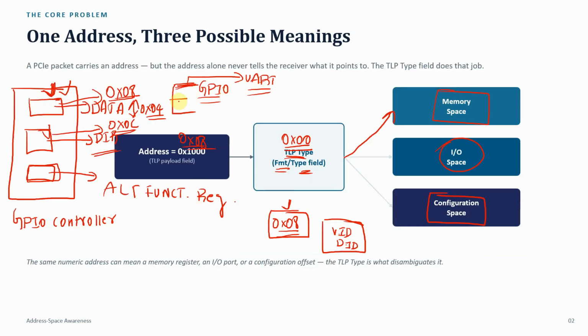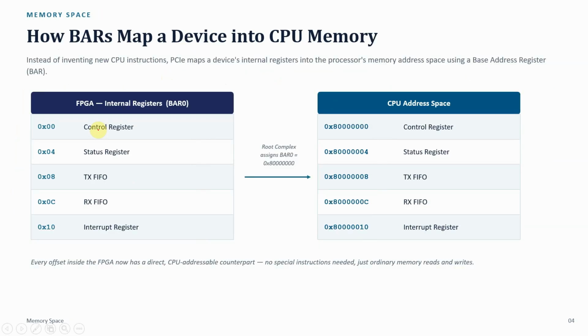If I want to access this particular port, we are going to configure the register. But in the case of IO space, the processor or the OS directly accesses this port instead of using memory spaces. That is nothing but your IO space, and PCIe is backward compatible, so that's the reason I'm going to access it.